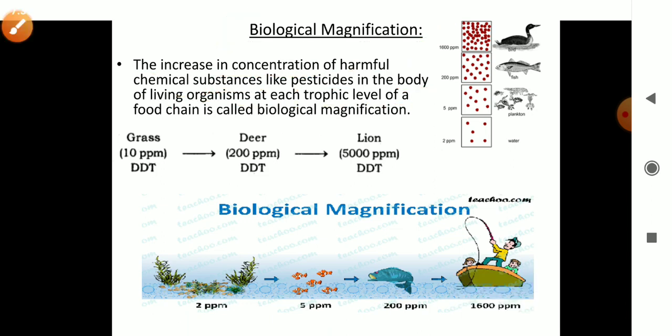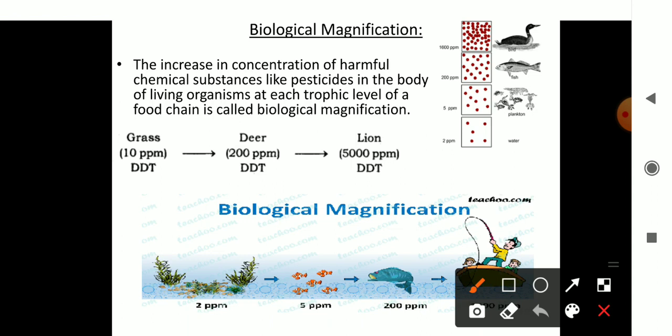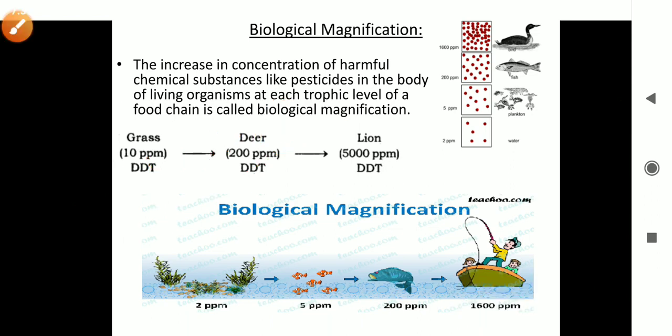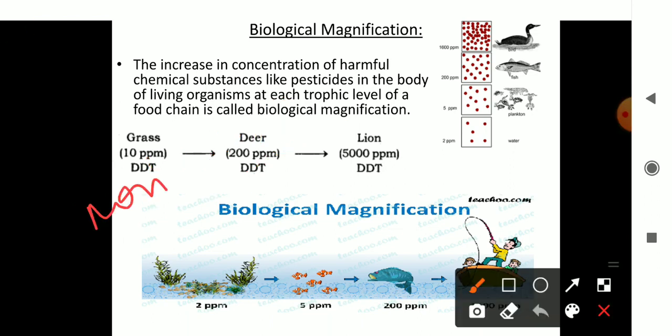What you find is these pesticides, you have learned in your junior classes that weedicides and pesticides are used to kill pests. Okay, pesticides kill the pest, and weedicides are the ones which kill the weeds or the unwanted plants. And these pesticides are non-biodegradable.